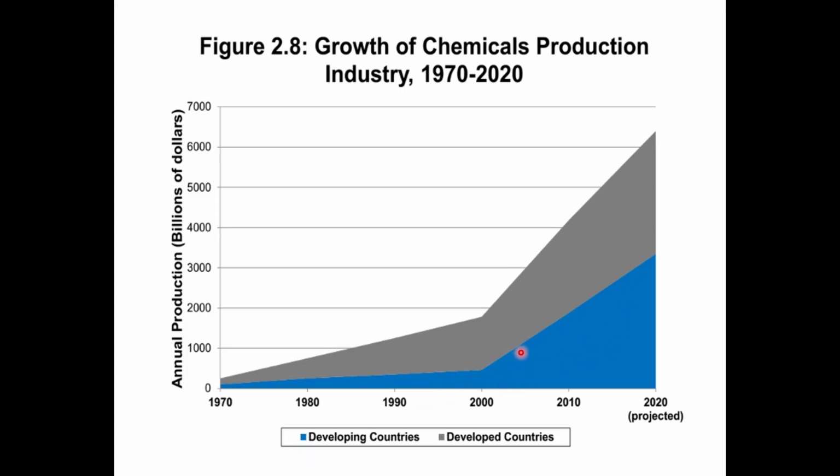Now, to be fair, part of the reason why you see this extreme growth is that chemical production around the 2000s has largely shifted to developing countries. Developed countries move away from chemical production, so they ship the factories overseas, and this is what you see here. So this is production and not consumption. That's an important thing to keep in mind here.